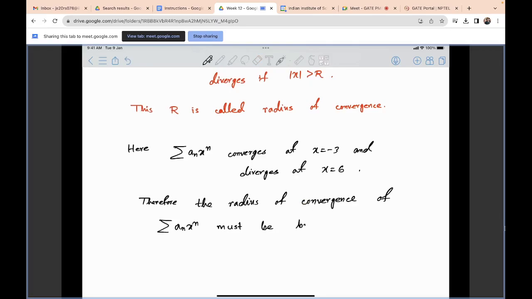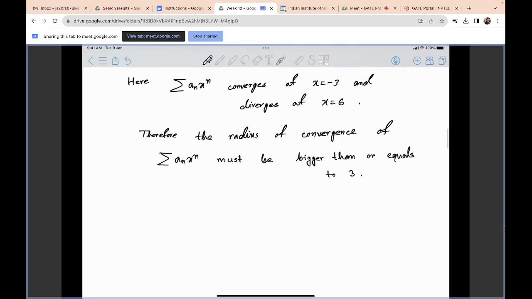Bigger than or equals to 3. If it converges at 3, it should be bigger than 3, means at the point 3 it also converges, or it might not converge at 3, so bigger than or equals to 3, or equals to 3, right?